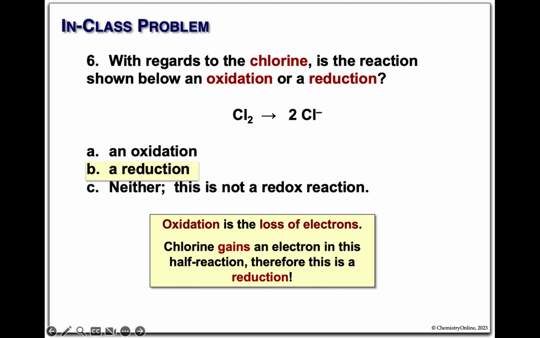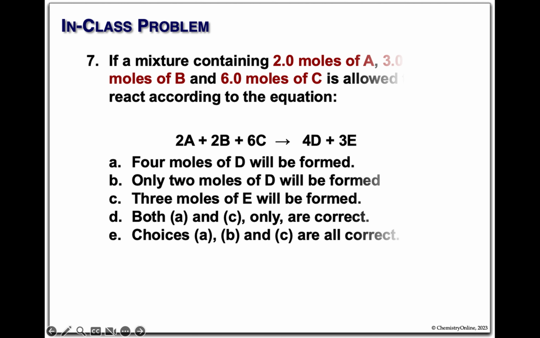All right, we're all the way to number 7 now. This one looks confusing, but it really should not be. In our reference equation here, 2 A's react with 2 B's plus 6 C's to give 4 D's and 3 E's. We're looking for which one is correct here.